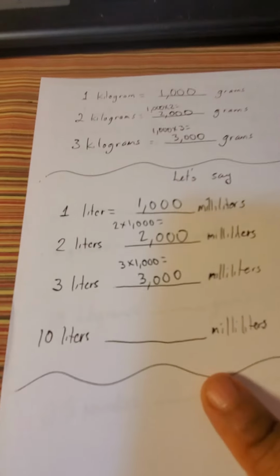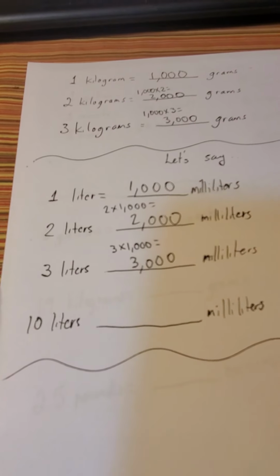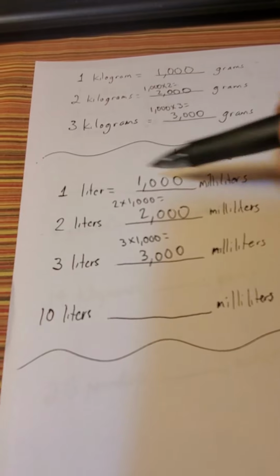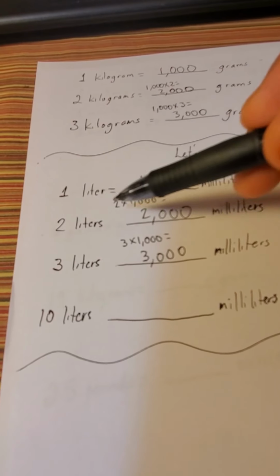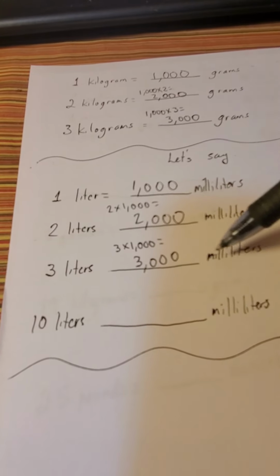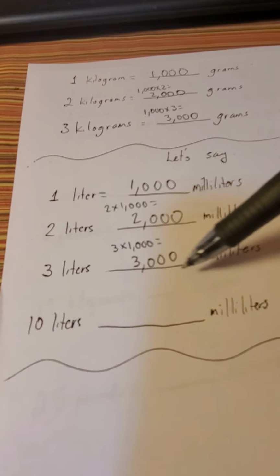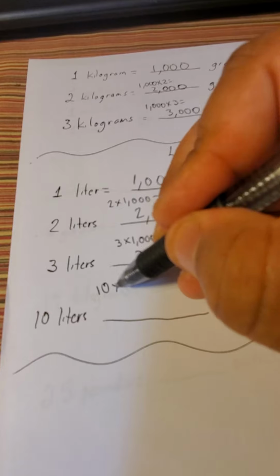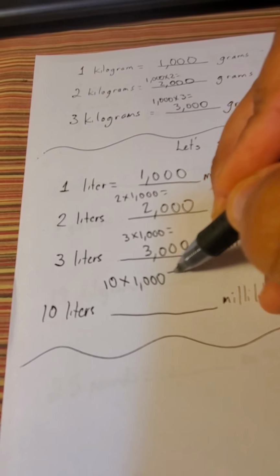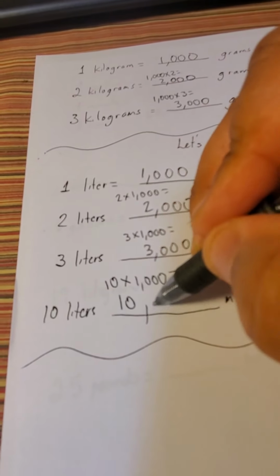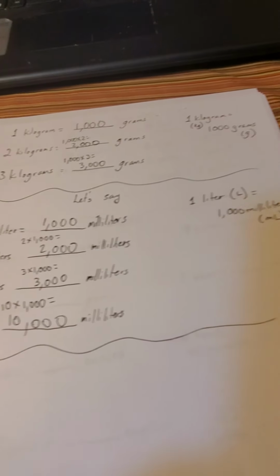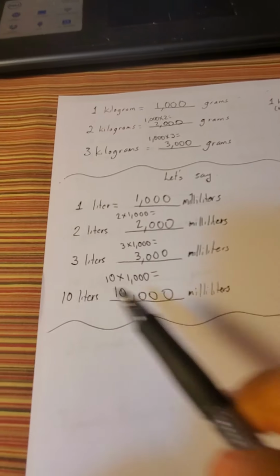So how many milliliters would be in 10 liters? Let's see. I know 1,000 milliliters is 1 liter, 2,000 milliliters is 2 liters, 3,000 milliliters is 3 liters, 4,000 milliliters would be 4 liters. So I could use 10 times 1,000. Well, that would be 10,000 milliliters.